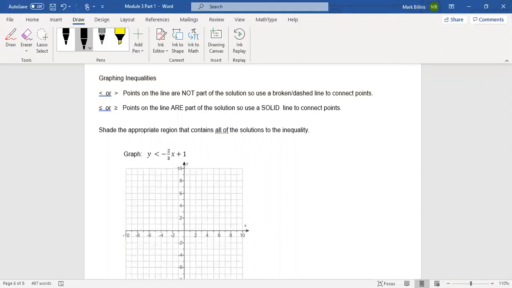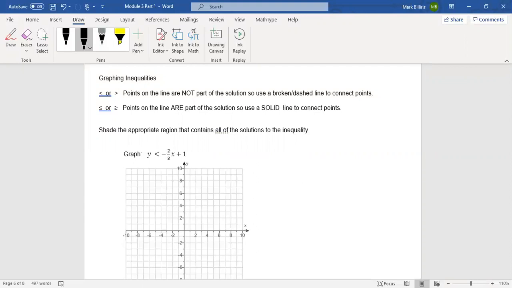Secondly, if you look at the inequality symbol, if it's less than or greater than, then the points on the line are not part of the solution. So you would use a broken or dashed line to connect the points. If it's less than or equal to or greater than or equal to, points on the line are part of the solution. So you'd use a solid line.